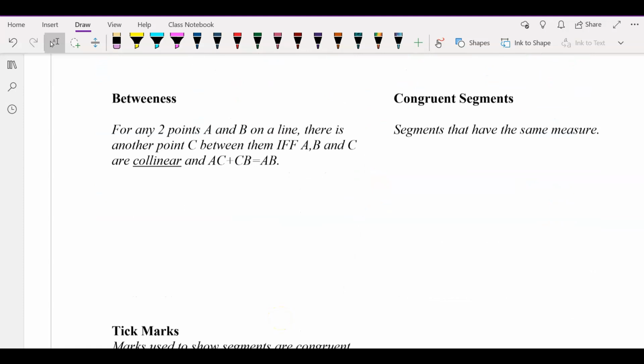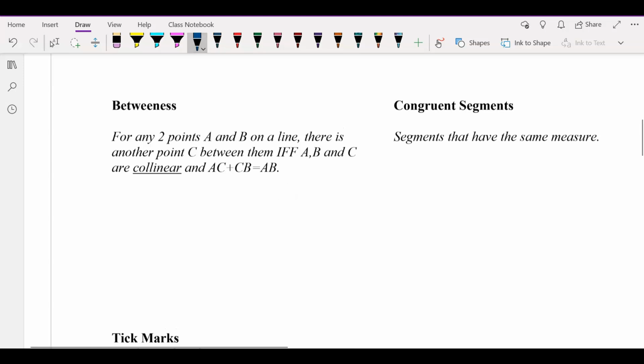We are going to talk about betweenness. So as it sounds like, betweenness is when you have 2 things and in between them, there's something else. So here it's for any 2 points, A and B. So I'm going to draw a segment, AB, and then in between it, there is going to be a point C. Now, when you see IFF, that means if and only if.